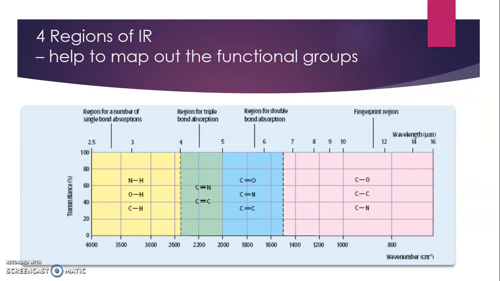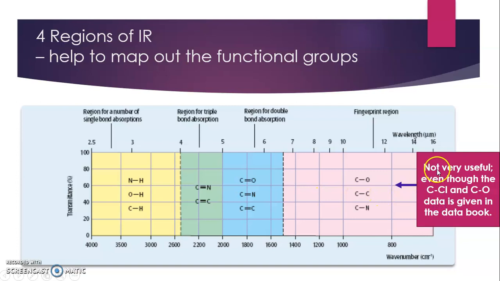Okay. So as we talked about before, when we use IR, we're mostly looking at the regions where the absorption occurs, and use that with the assistance of an empirical formula or a molecular formula that was already given to us. Then we try to pinpoint a particular single bond or double bond or triple bond that actually exists in this particular molecule.